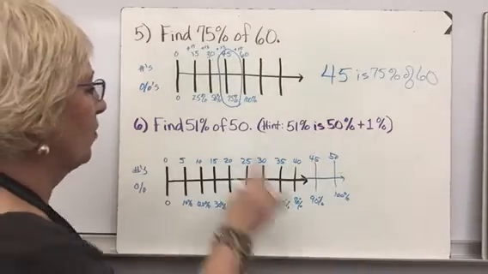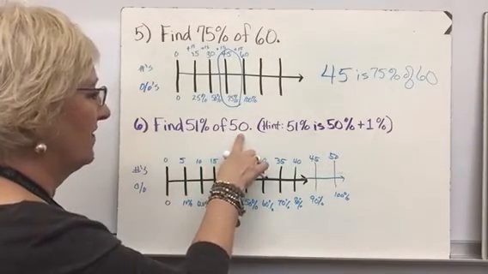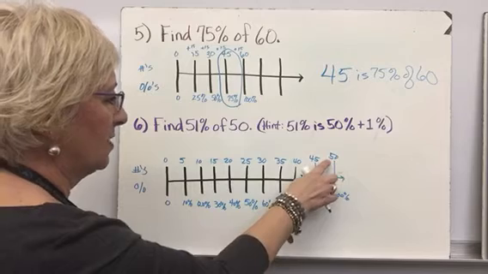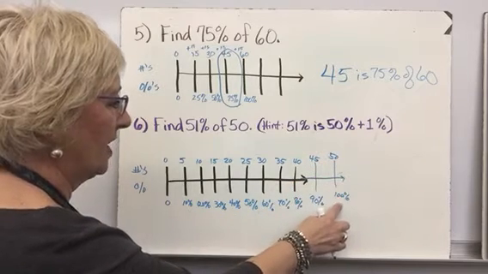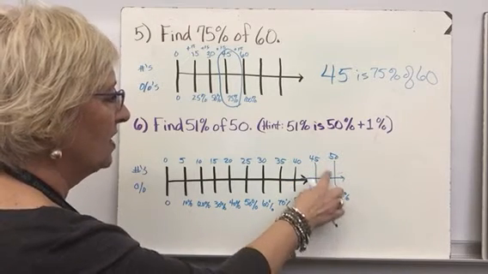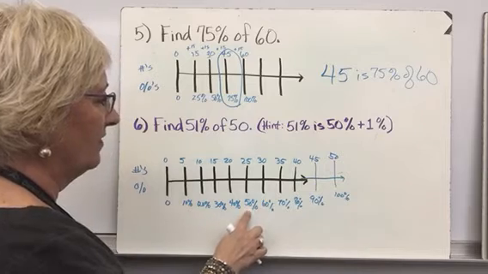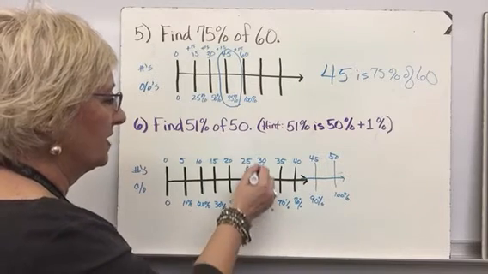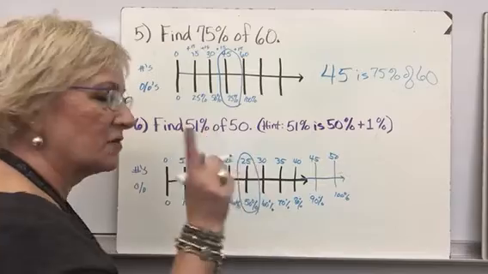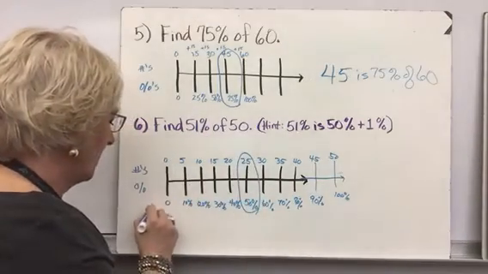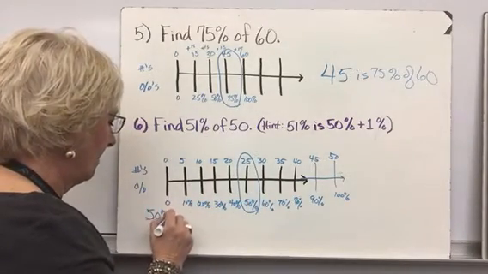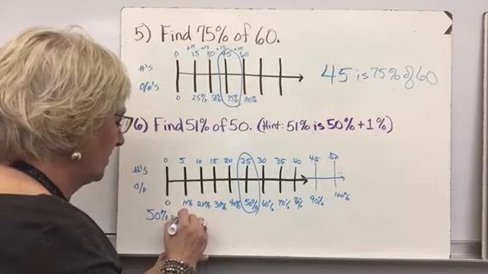So if I'm looking for what is 51% of 50, I'm going to look at the number 50 here. I know that's 100% of that. So what is 50% of 50? That 50% is going to be 25. All right, so I've got 25. So 50% is equal to 25.